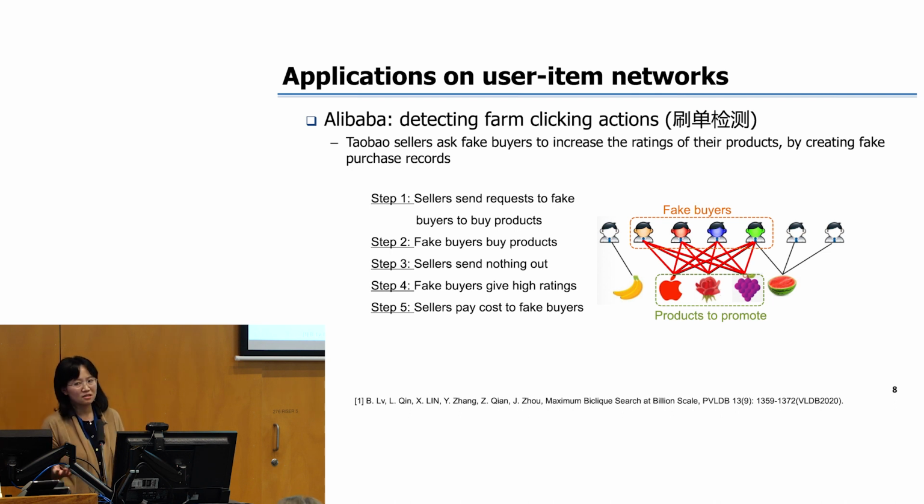Farm clicking actions happen in e-commerce platforms. Consider you own a shop, and you want to establish a shop on eBay or Amazon. You want yourself to be visible, right? How can this shop be visible? It is to improve the rating of your shop, and the credibility of your products, of the owner, and of the shop. How can you quickly establish that?